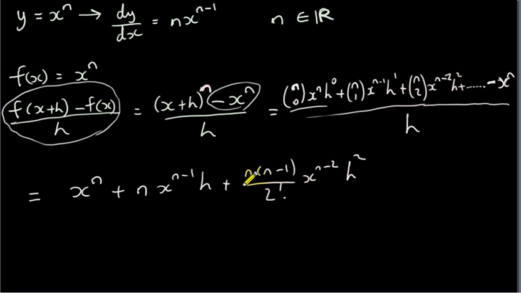For nC2, we just multiply n by 1 less than n, and we divide by the number of terms we have on top, which is 2 terms. So we have 2 factorial in the denominator, and etc.